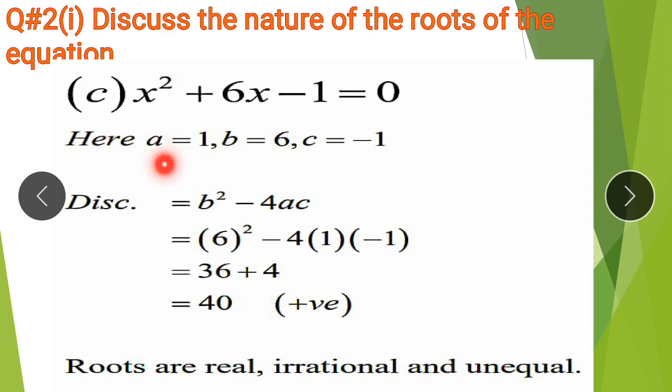So let's have the value of a as 1, the value of b as 6 and the value of c as minus 1, and here we have the discriminant, and by finding out the discriminant we will get 40. 40 is positive as well as an irrational number, and it is not a perfect square. So if the discriminant is greater than 0 and not a perfect square, then the roots will be what? Real, irrational and unequal. So with the help of the discriminant we can discuss the nature of the roots.